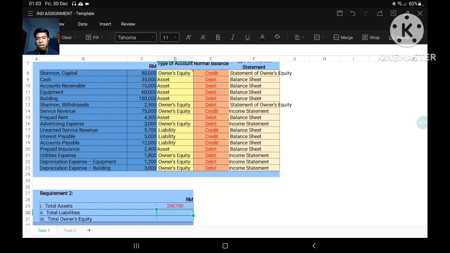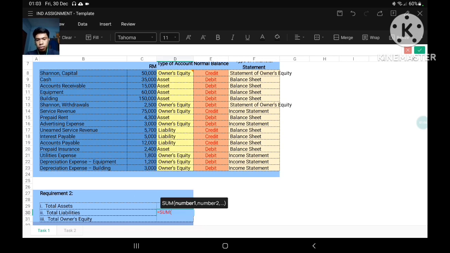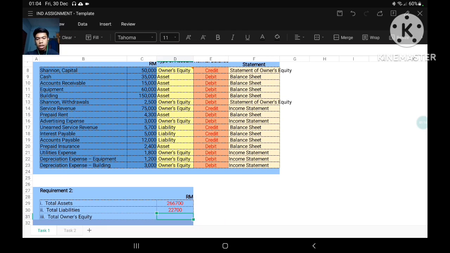Okay, next is total liabilities. Same formula: equal sum, open bracket, pick the liabilities plus this, and close the bracket and enter. Okay, next is total owner's equity.